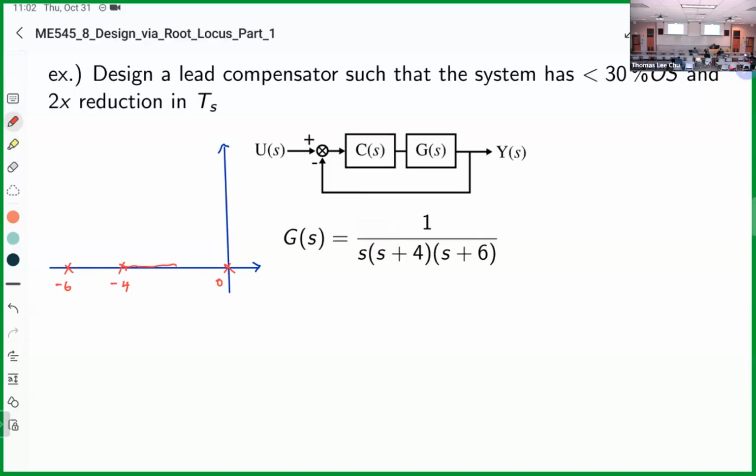And the root locus is still the same. It looks like this. We have a breakaway point right there. And basically, we're looking for a 30% overshoot.